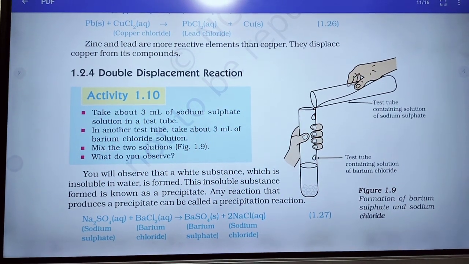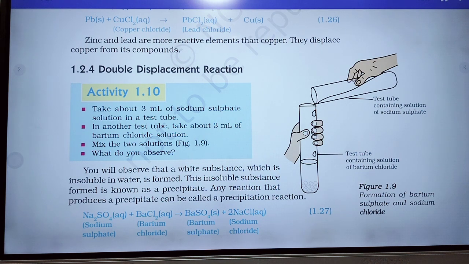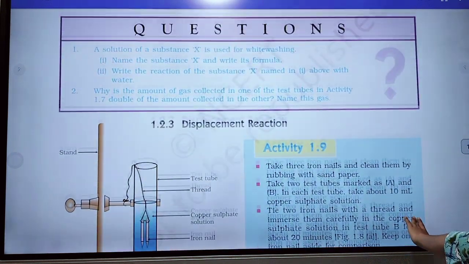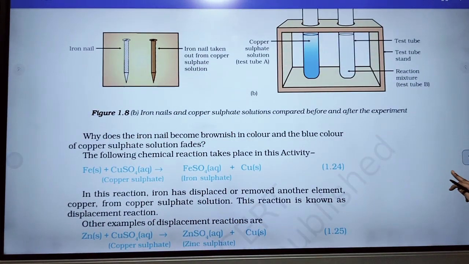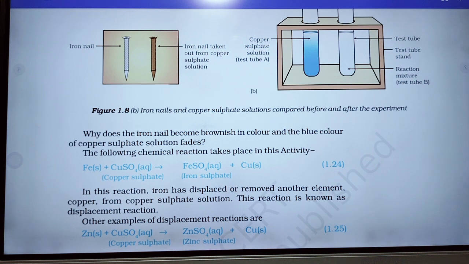So in this displacement reaction, we can say that the chemical reaction in which a more reactive element displaces a less reactive element from a compound is called displacement reaction.